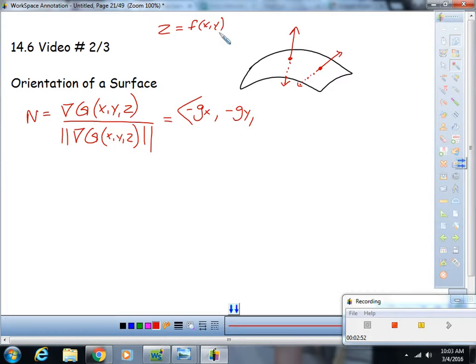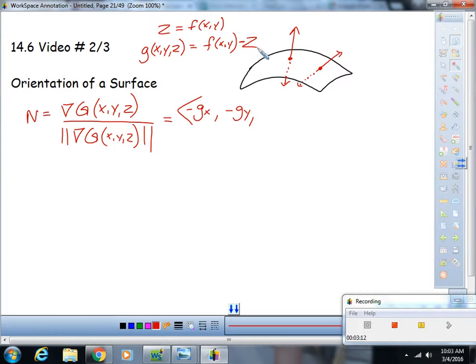Well then what would g of x comma y comma z be? This is really old school. Exactly, it's f of x comma y minus z.